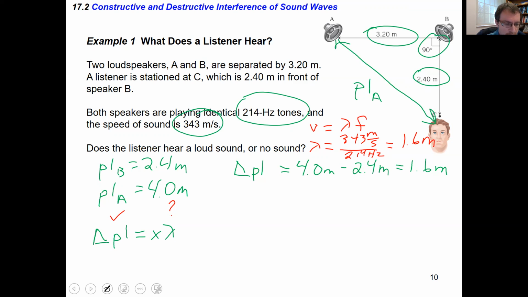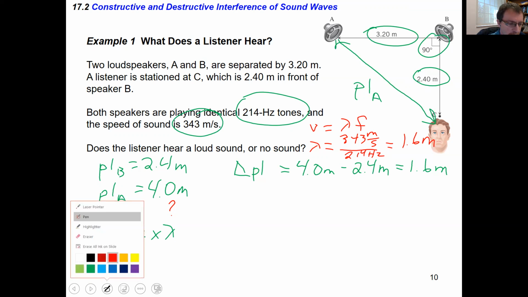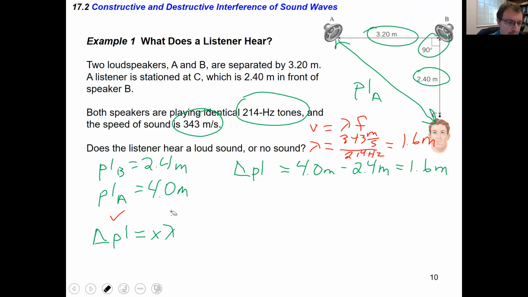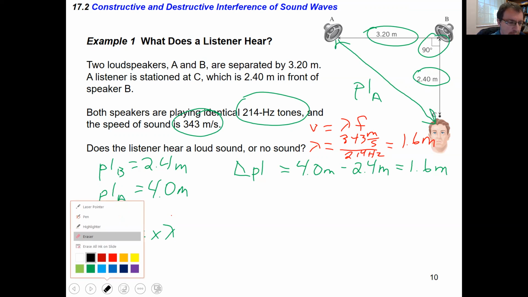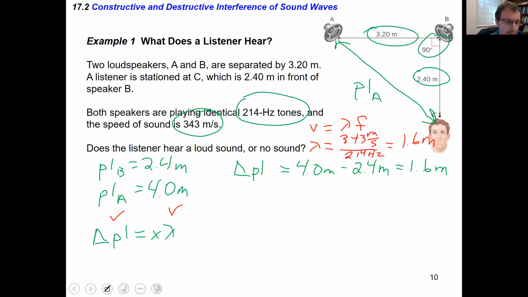Okay. So now I can change that question mark to a check because I know what that is now. So x here is going to be equal to my difference in path lengths divided by lambda. This is 1.6 meters divided by 1.6 meters, which is 1.